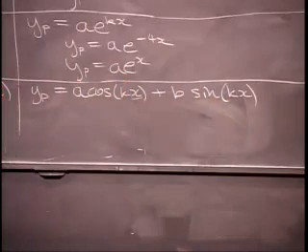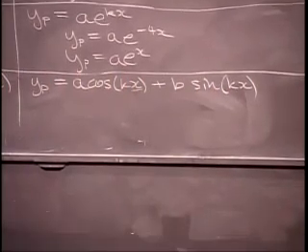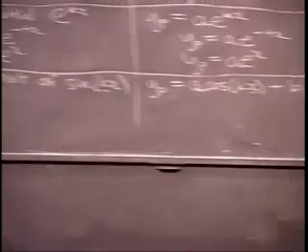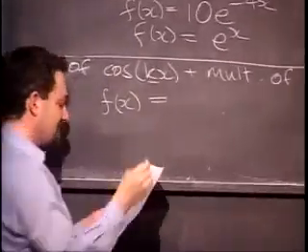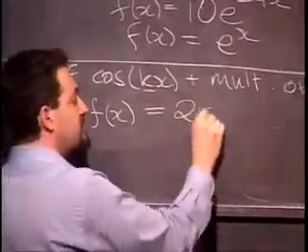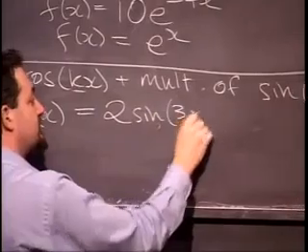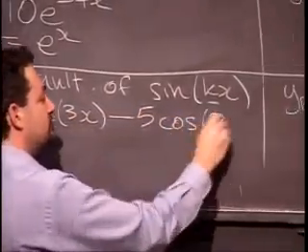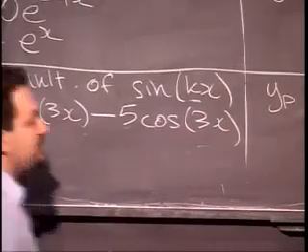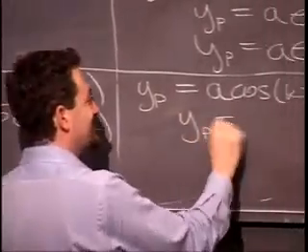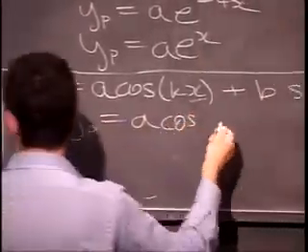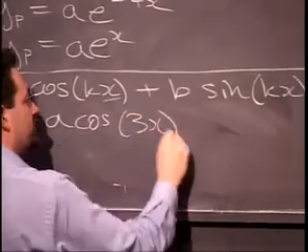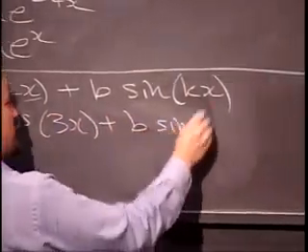For example, if f of x, the right-hand side of your original differential equation, happens to be 2 sine 3x minus 5 cosine 3x, then the particular solution that you guess is a cosine 3x plus b sine 3x.